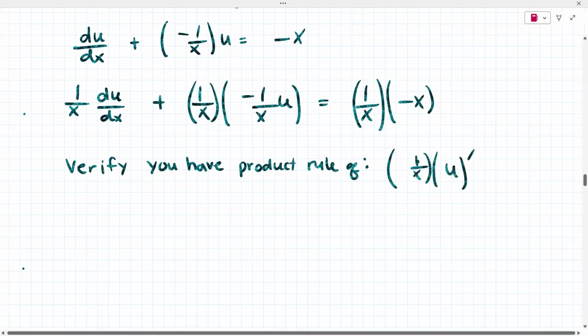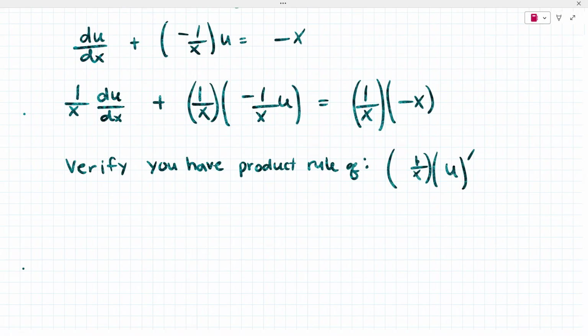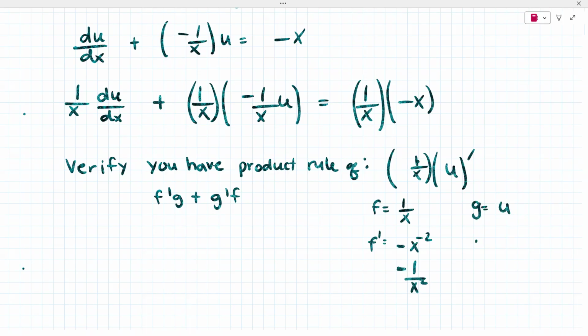You use the product rule. What is the product rule? It should be f prime of g plus g prime of f. My f is 1 over x. My f prime is -x to the -2, or -1 over x squared. My g is u. My g prime is du dx.